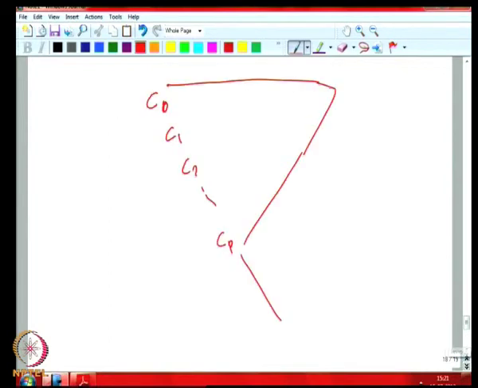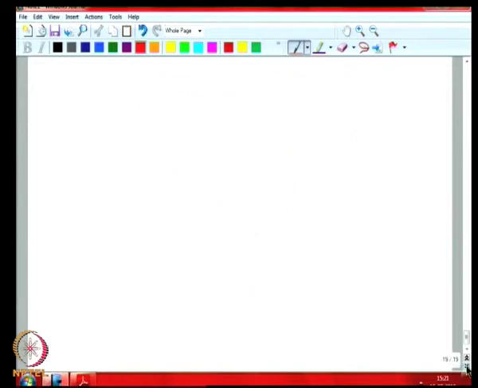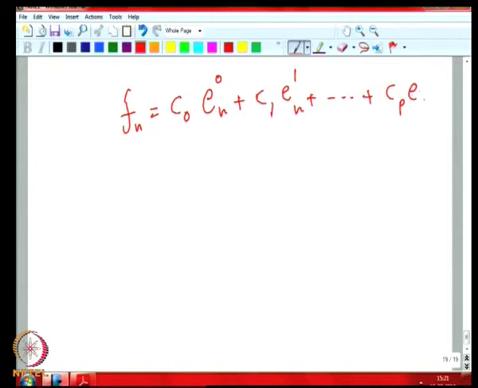This table will be giving some Fn, some general term, if I work this out, but the general term can be written as Fn equal to C0 times E0n plus C1 times E1n plus and so on up to Cp times Epn.